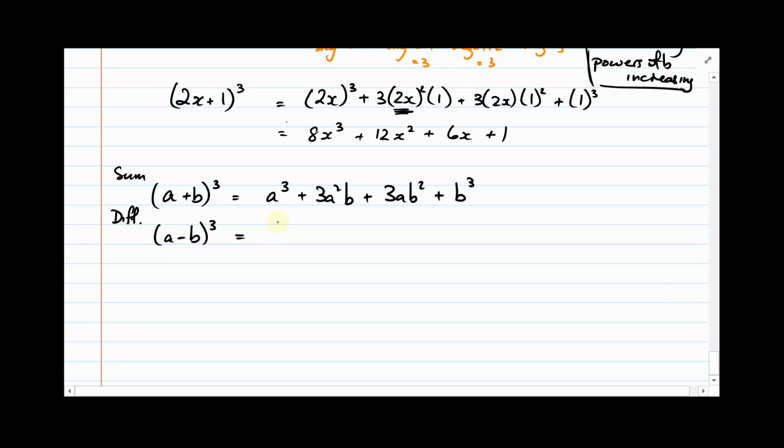We end up with the same pattern in the terms, but the signs are going to alternate. So bear that in mind. Again, there are a few in your textbook that you may want to practice.